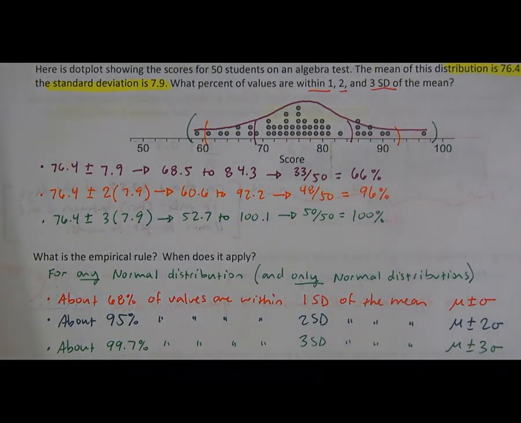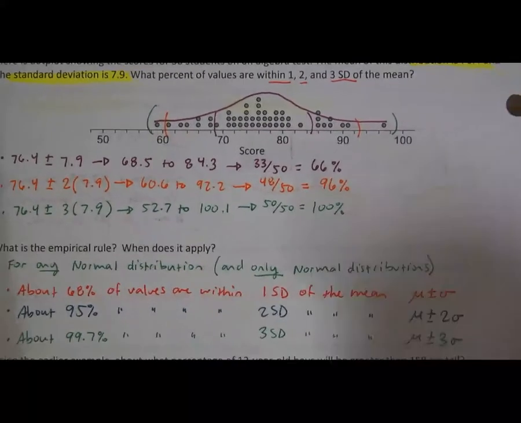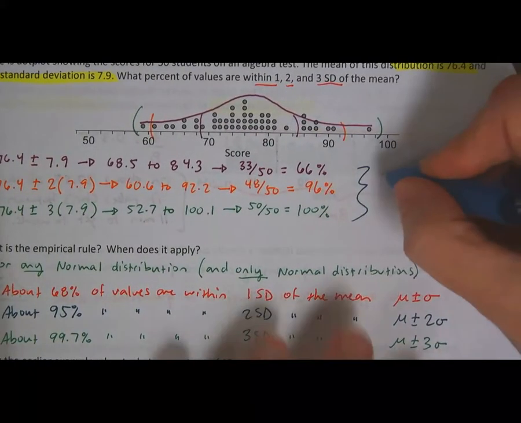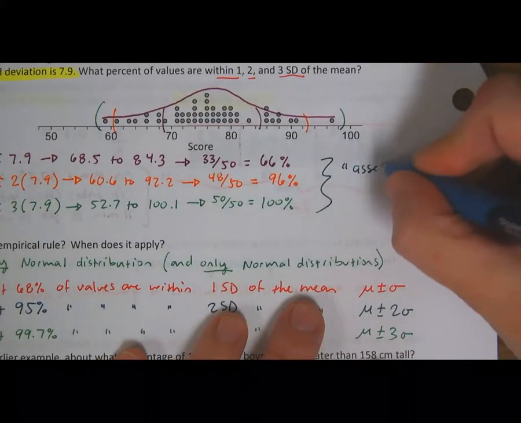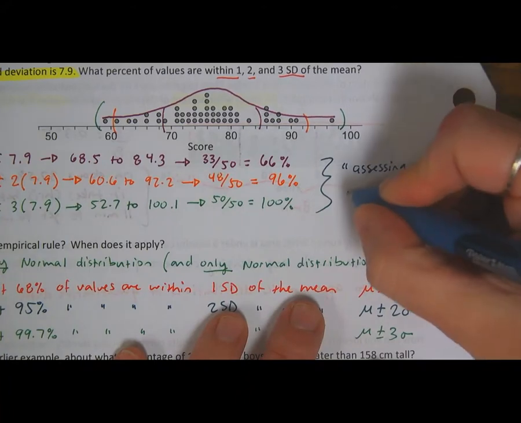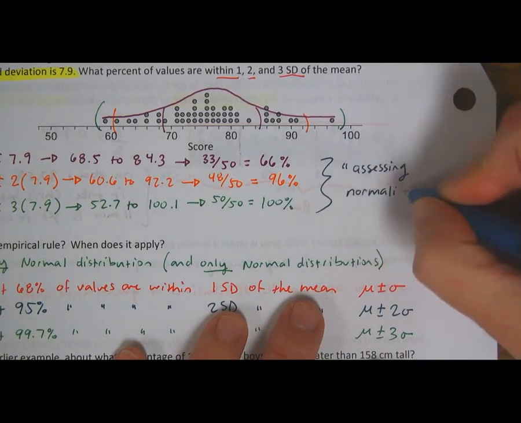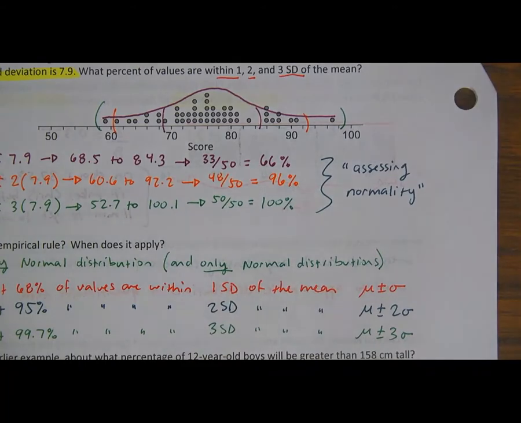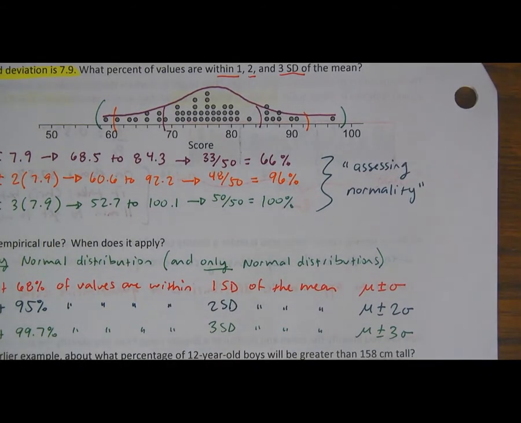That's really close to 99.7. So what we just did is called assessing normality. It can help us prove whether or not the distribution we're looking at is normal or not. Because sometimes you have to prove it to be able to use normal calculations, which is what the rest of the lesson is about.